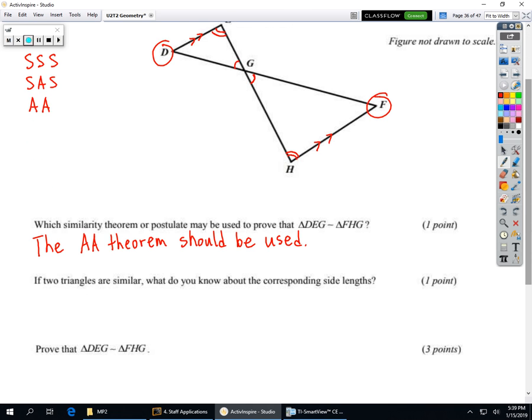If two triangles are similar, what do you know about the corresponding side lengths? Well, if they're similar, we know the sides are proportional. We're throwing this word around a lot. So if they are similar, then the sides are proportional.